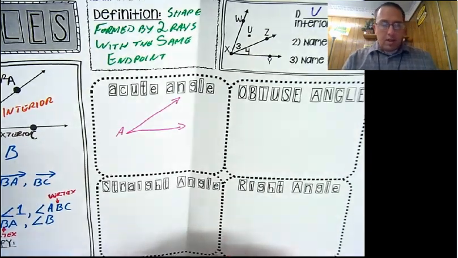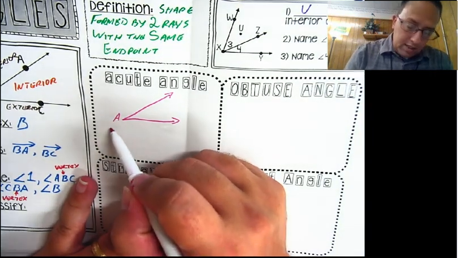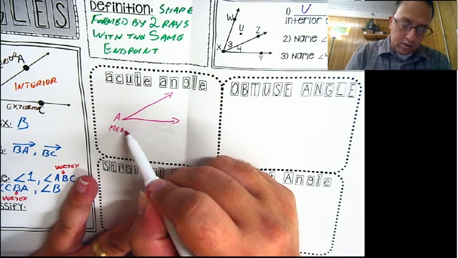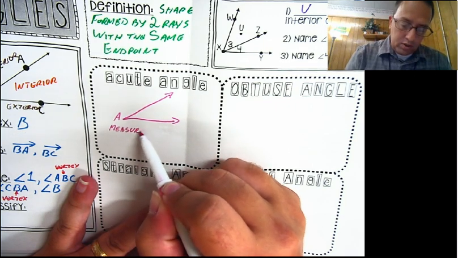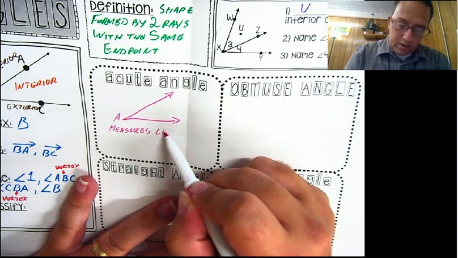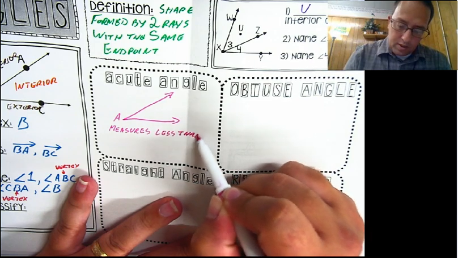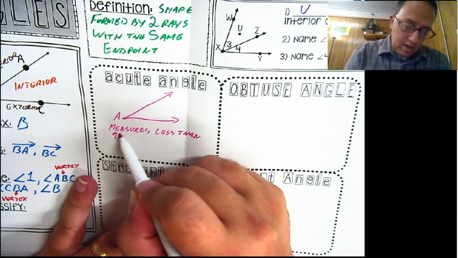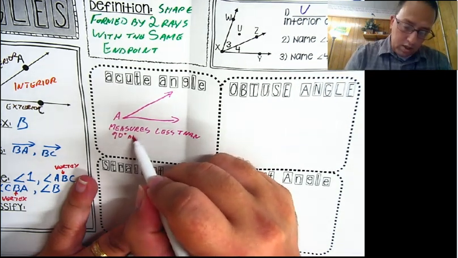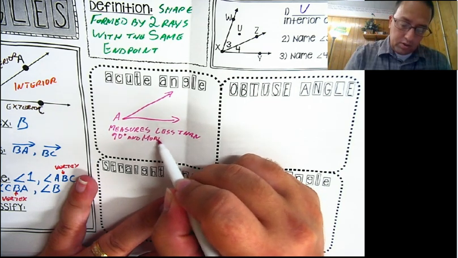The definition of an acute angle is an angle that measures less than 90 degrees, but it still has to be more than 0 degrees.